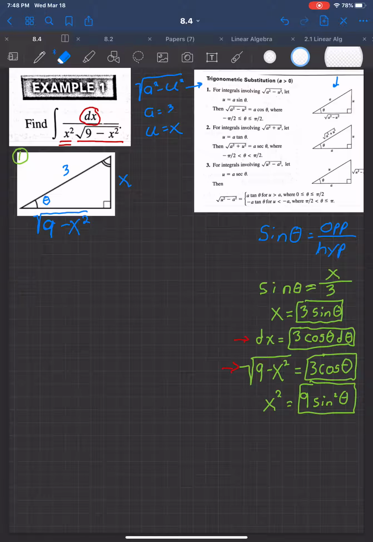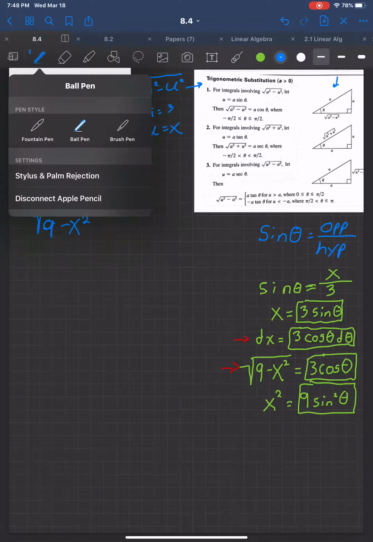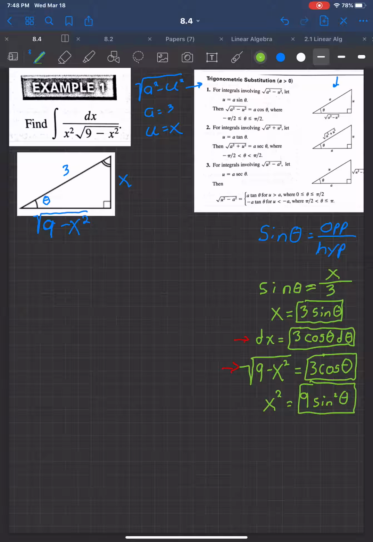All right, starting to get a little bit cluttered, so let me erase as much as I can. Okay, and now at this stage, I'm going to rewrite example 1, and then we're going to start to plug in the new information that we have.